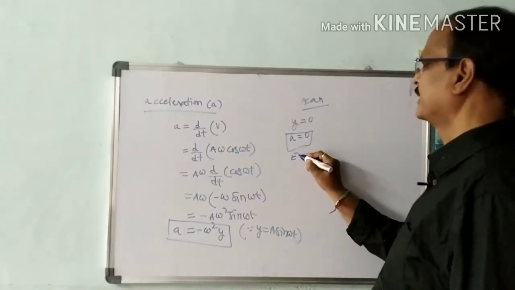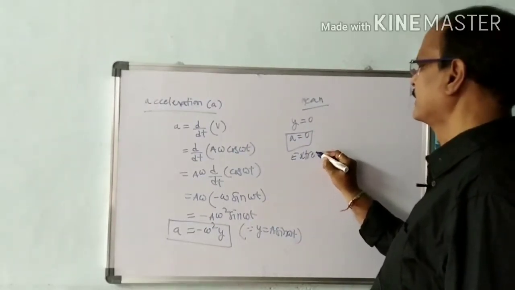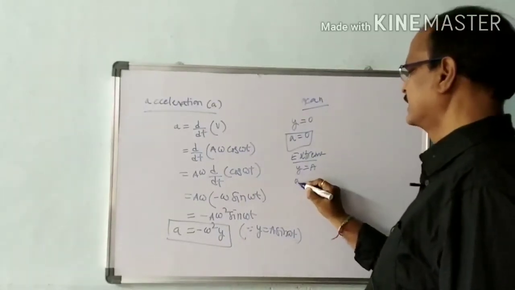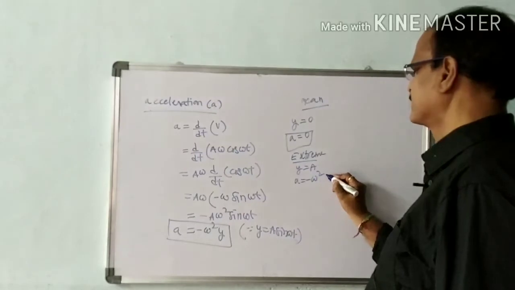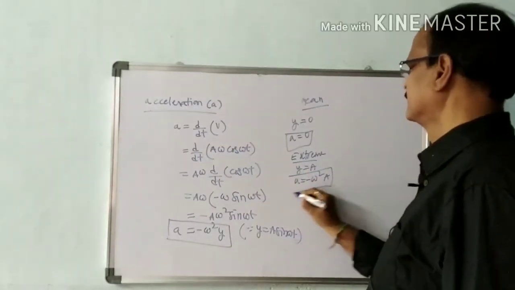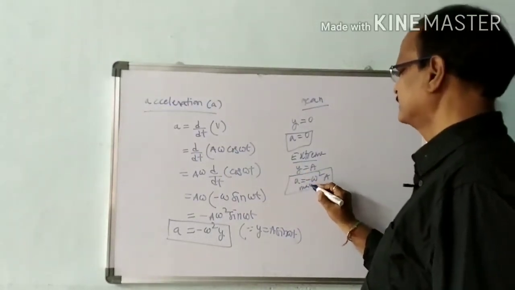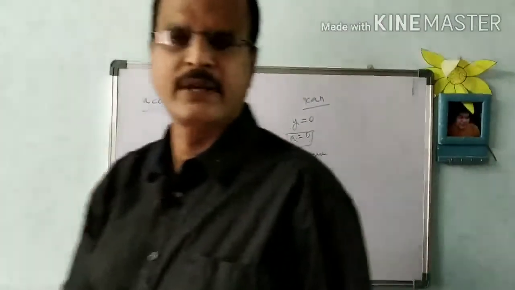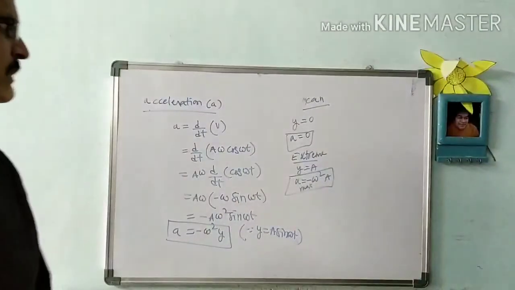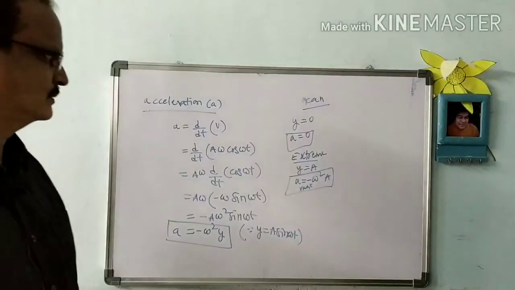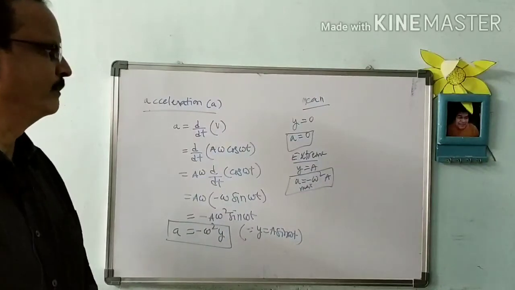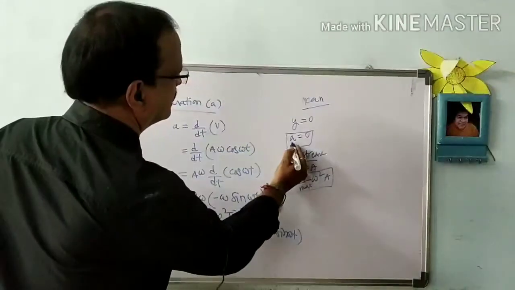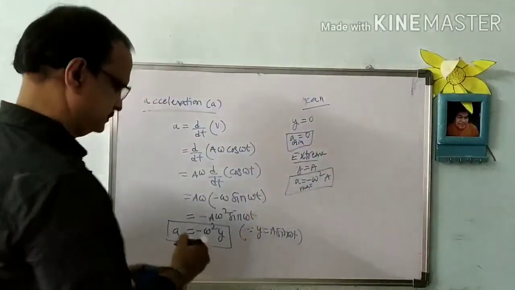At the extreme position, we have y is equal to A, then we can write a is equal to minus omega square A. So acceleration is maximum at the extreme position and minimum at the mean position. So students, it is minimum at the mean position.